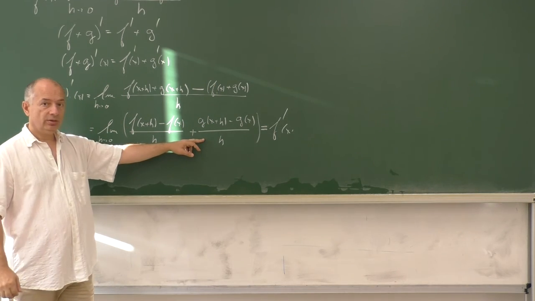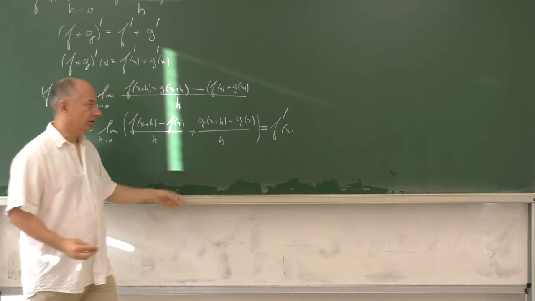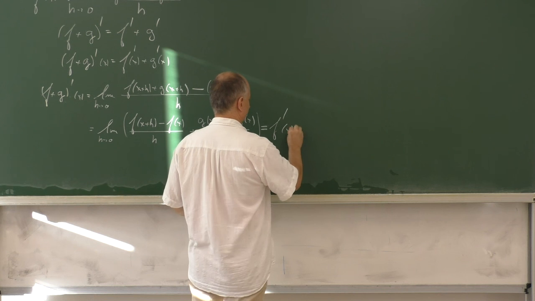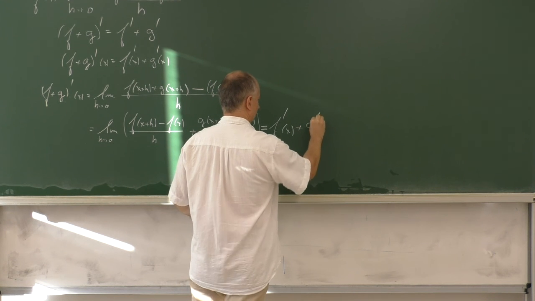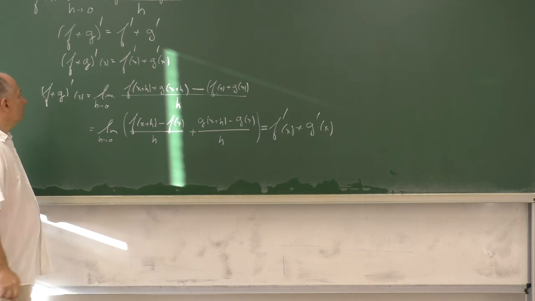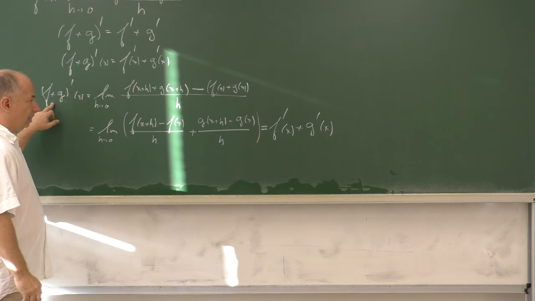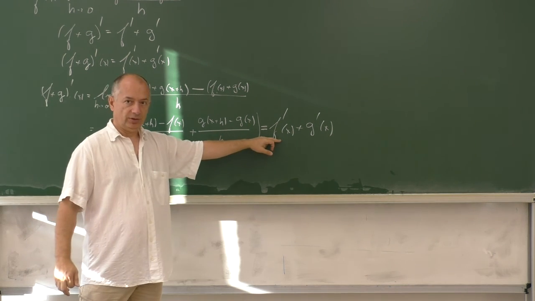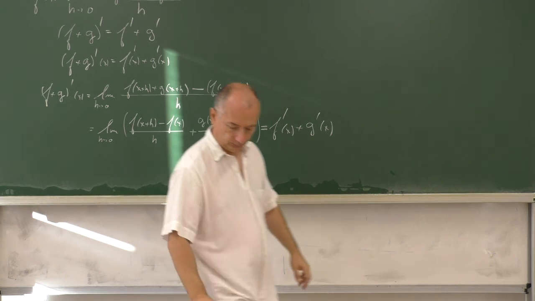And the second fraction is the derivative of g at x. So this concludes the proof that the derivative of a sum is the sum of derivatives.